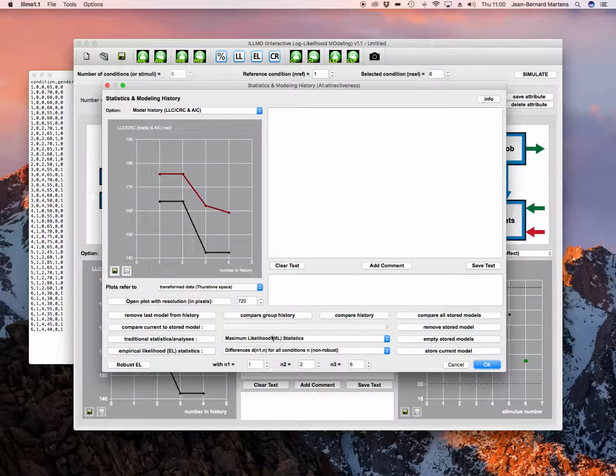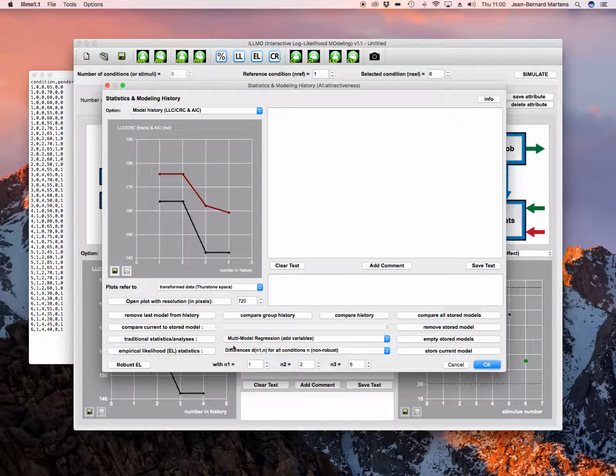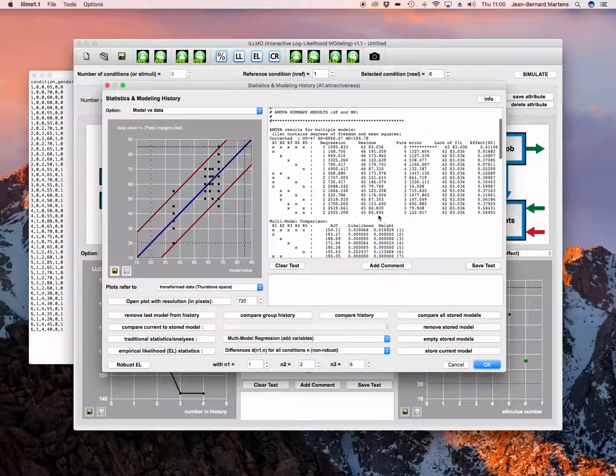One easy way to see which of these factors, both the main effects and the interaction effects, is useful for predicting the data is to use multimodel regression, because then we're performing a lot of different multiple regressions at the same time.